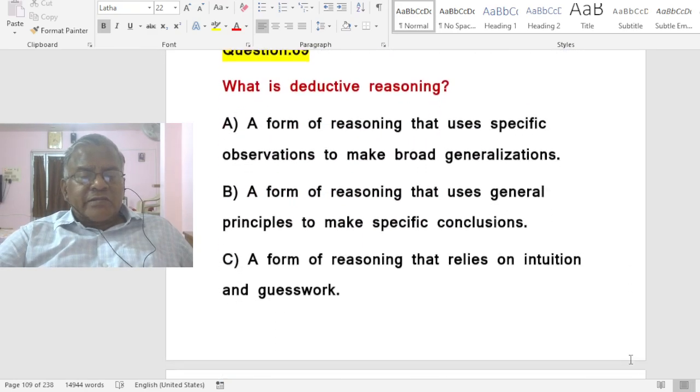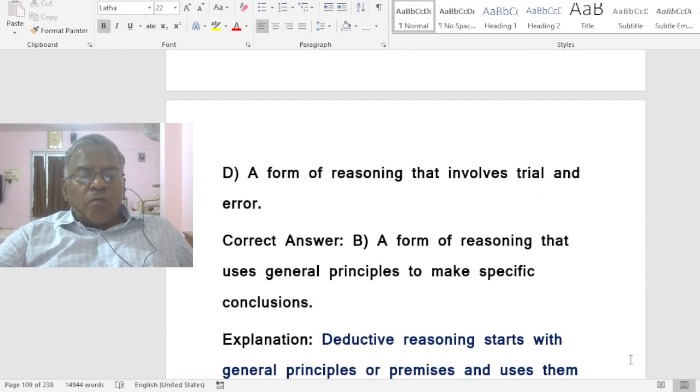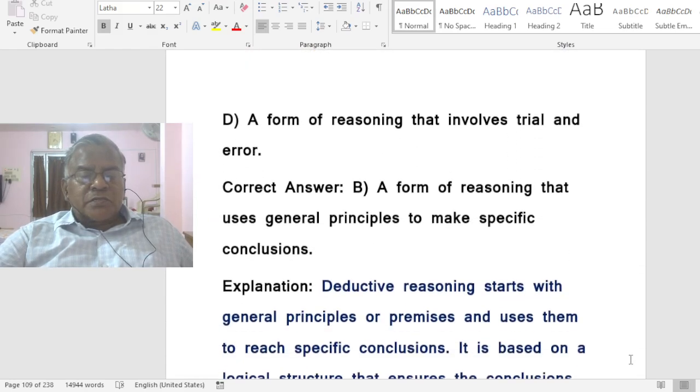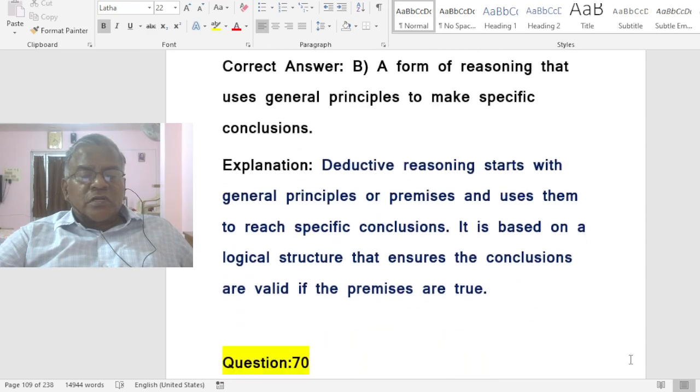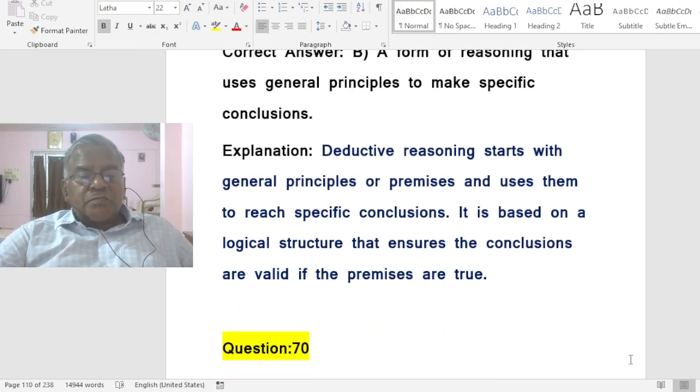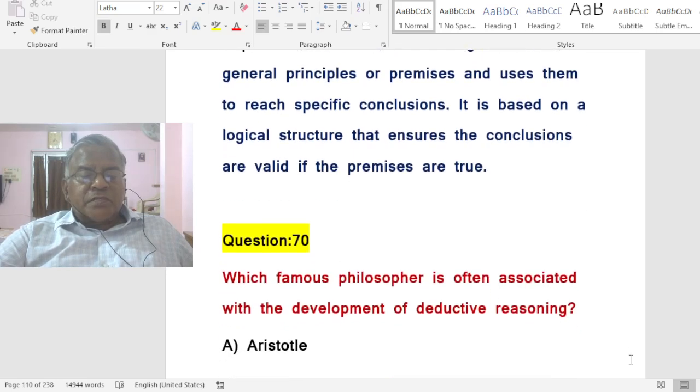What is deductive reasoning? It is a form of reasoning that uses general principles to make specific conclusions. Deductive reasoning starts with general principles or premises and uses them to reach specific conclusions. It is based on a logical structure that ensures the conclusions are valid if the premises are true.